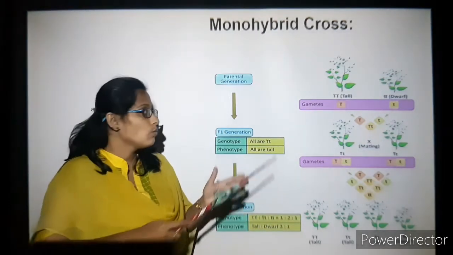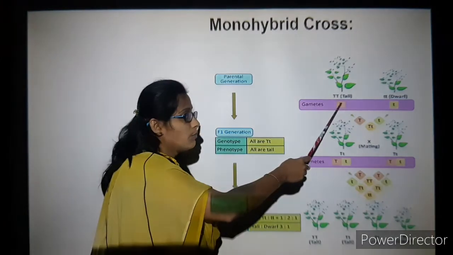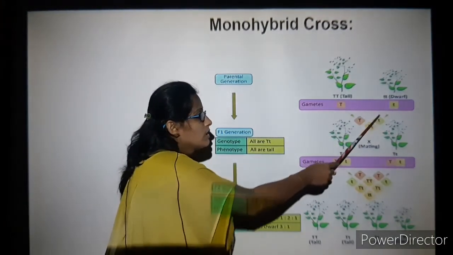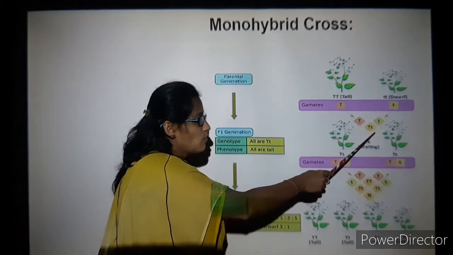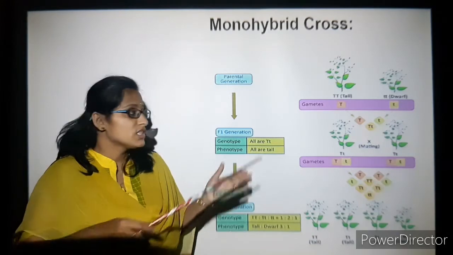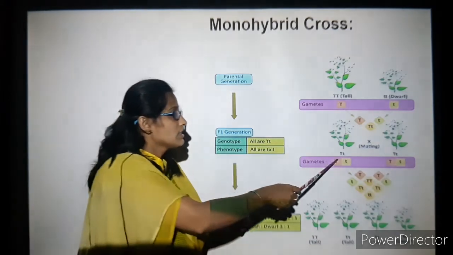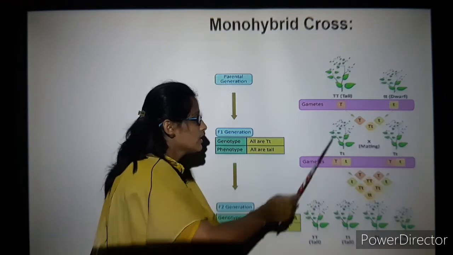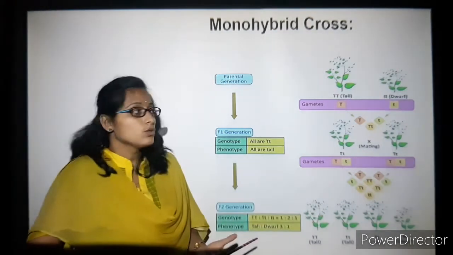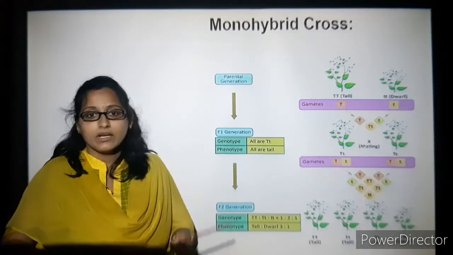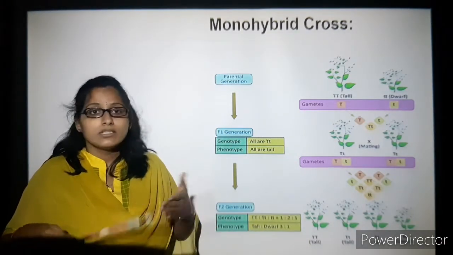So when you combine it, what is going to be given? A big T and a small t. So you combine together, it forms a big T and a small t, and you can see that they are going to self-cross. Now mating is happening between these gametes again. So a plant which has tallness and dwarfness together, again tallness is seen here.